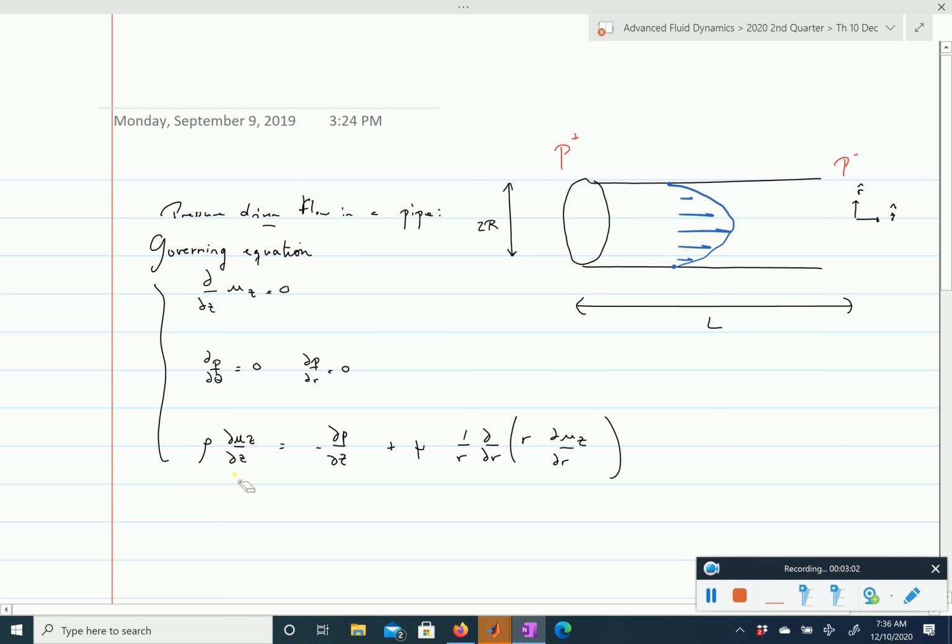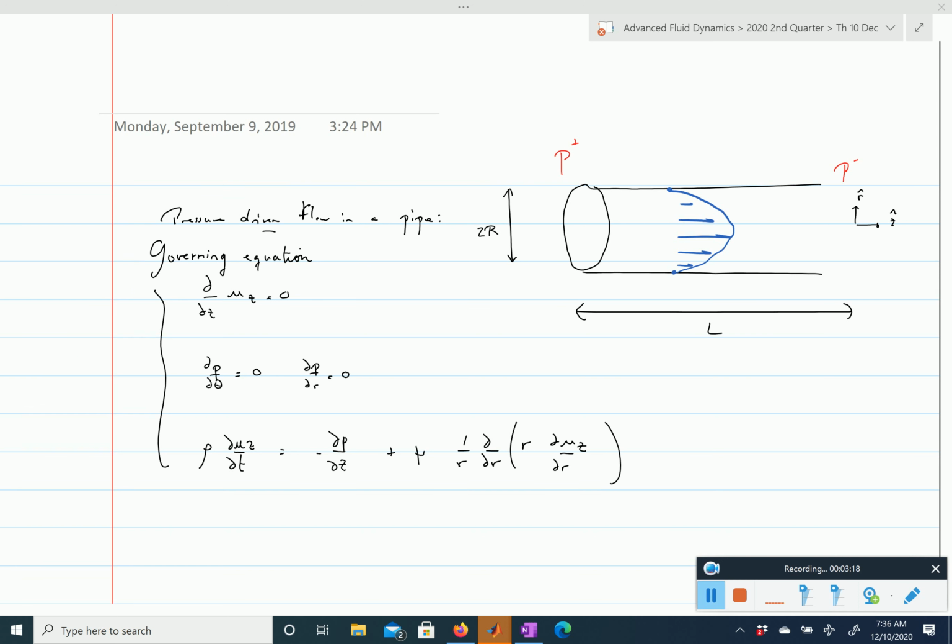I'm going to change the z to a t because it really looks too much like a z. So these are the governing equations for the laminar viscous pressure-driven flow inside of a cylindrical pipe. And so what we can do is first try to find the steady state solution, so the solution when there are no longer time changes, so when this term here is equal to 0.